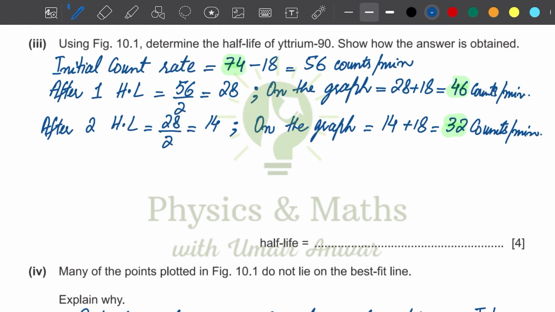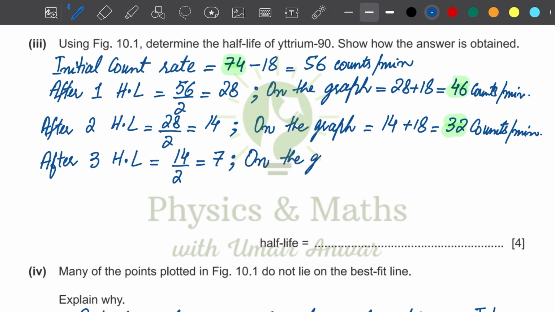Now, continuing in the same manner, after the third half-life, the count rate would further decrease by half and it would become 7. And on the graph, we have the value of 7 plus 18 equal to 25 counts per minute.